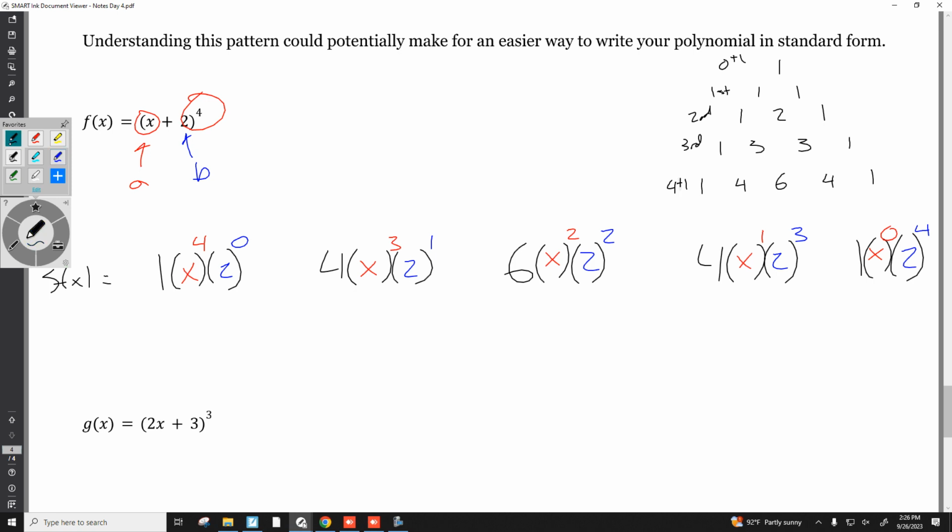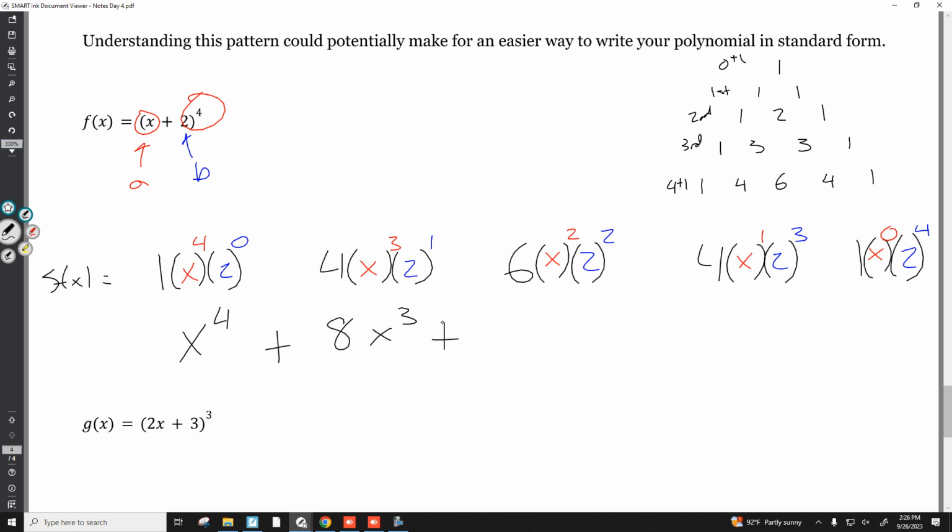Now we can do a little bit of work. X to the fourth plus 4 times 2 is 8x cubed. 6 times 2 squared, 24x squared. 4 times 2 cubed is 32 x's. X to the 0 is gone. 2 to the fourth, 2, 4, 8, 16. Bam.